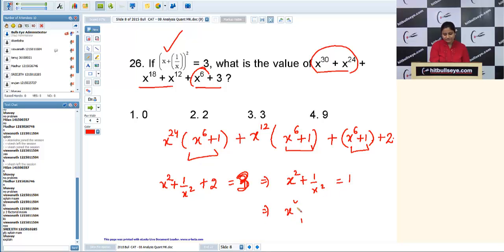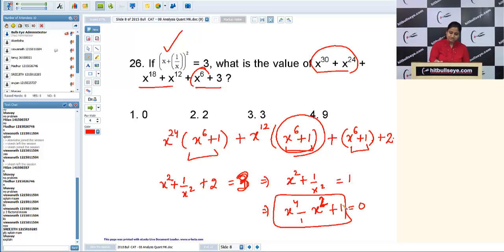If we solve it, we will get x raised to power 4 minus x square plus 1 is equal to 0. That is the thing. Now we want to reach at this x raised to power 6 plus 1. Now we can take this relation. X raised to power 6 plus 1 can be written as x raised to power 4 minus x square plus 1 into x square plus 1.